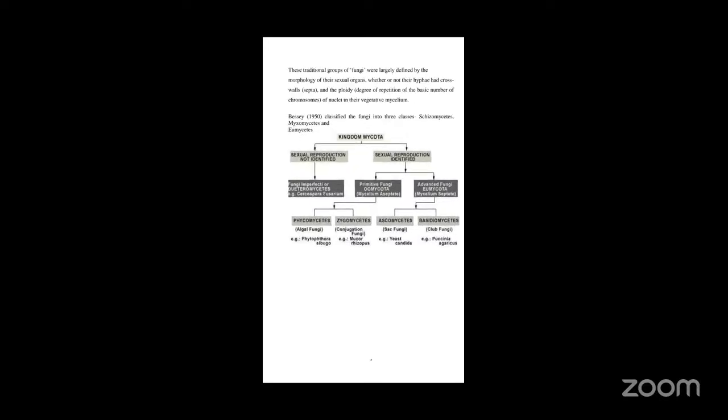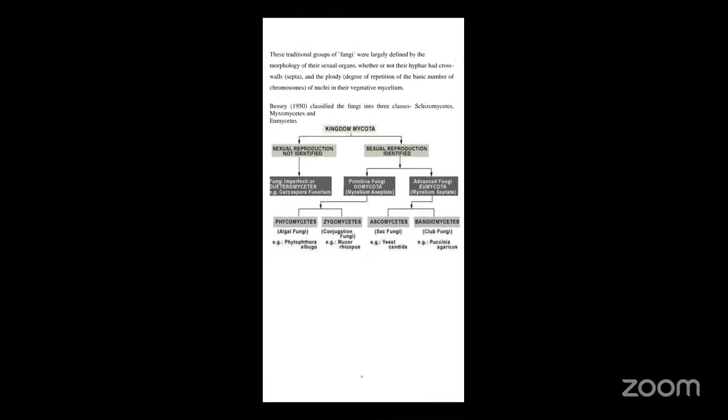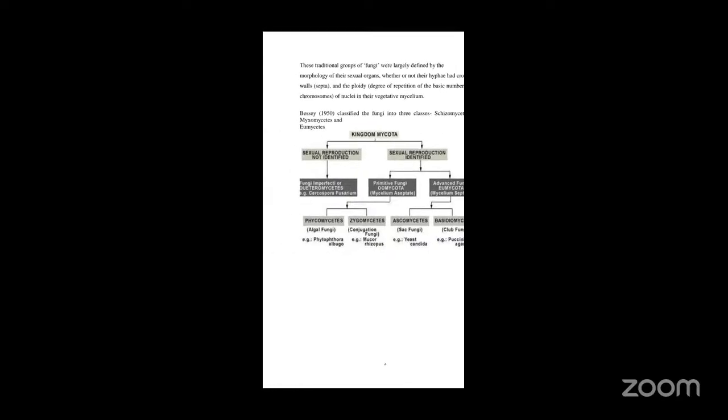So, based on these conditions, the mycota are divided into two groups: one where sexual reproduction is identified, and another where sexual reproduction is not identified.